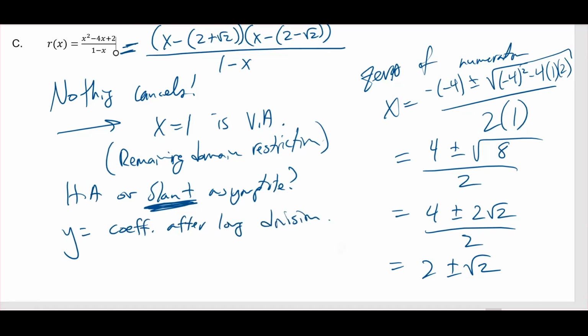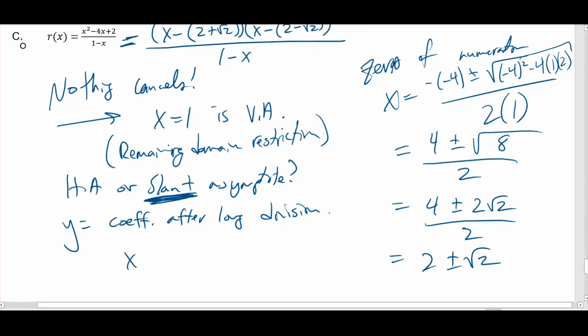So we can be tricky, and we can use synthetic division here if we rewrote our denominator as negative x minus 1, right? We can do that, but let's not be tricky, because we can just use long division here. It's not really that big of a deal. So we got x squared minus 4x plus 2.